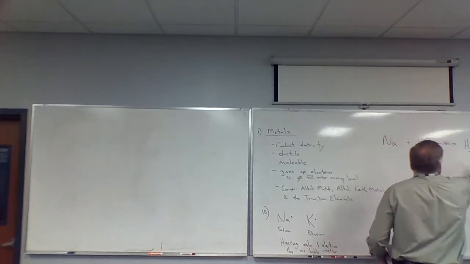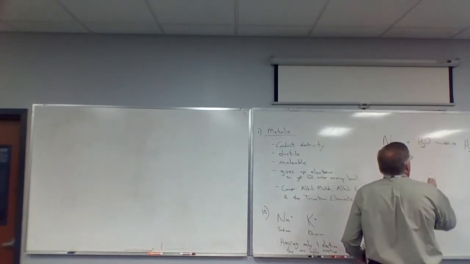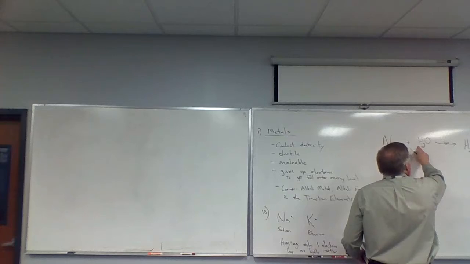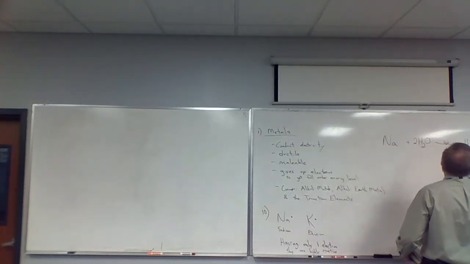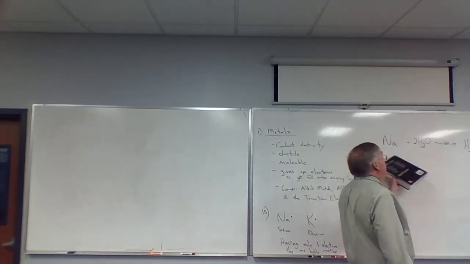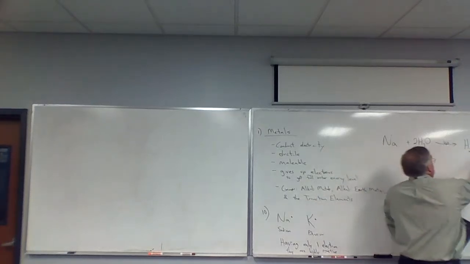Now let's balance this reaction. Is that balanced? Not quite. So what we have to do here is, let's try 2 on the H2O. That means I need 4 over here. And if I put a 2 there, it's done. Now this is a balanced equation. There's the same number of sodiums on both sides.